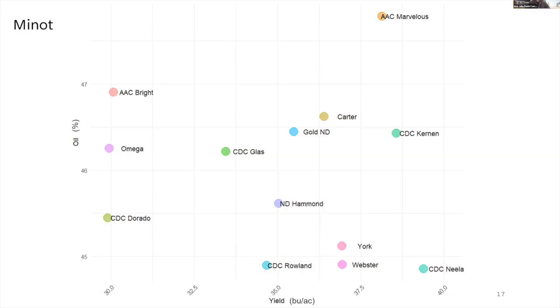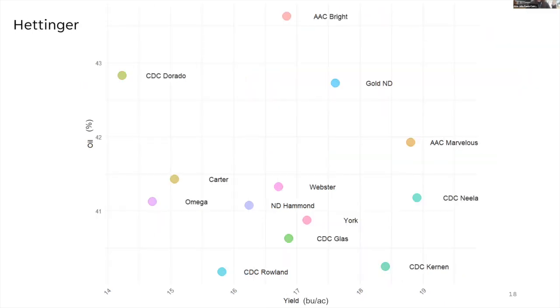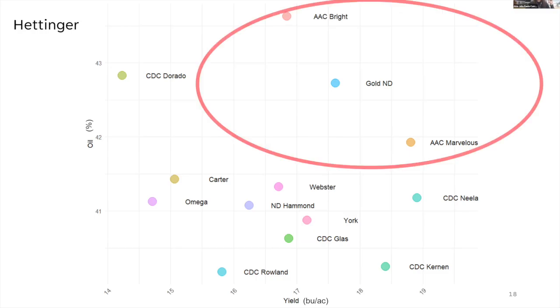Basically, when we're choosing, we want to score in this corner. We want to have the highest yield, and also a good percentage of oil. So this year, these varieties here, AAC Marvelous, Cornell, Carter, and ND Gold, performed really well. But if we go to Hettinger, which was the lowest yielding site, we have a different behavior.